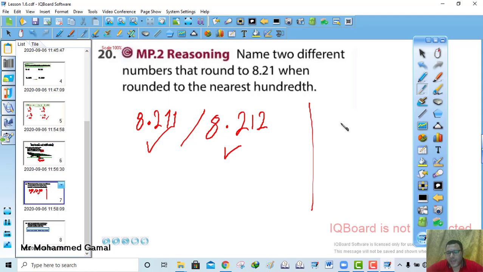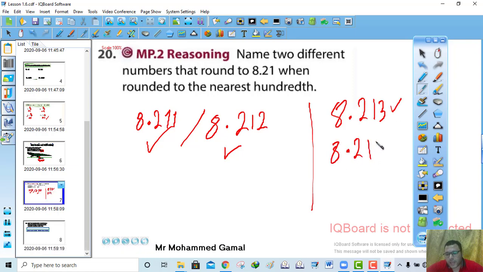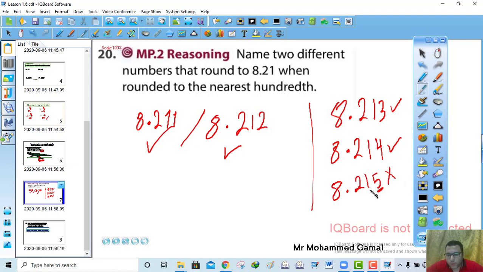But we can add 8.213, it's also correct. 8.2014 is also correct. But if you said 8.215, it's wrong. Why? Because this 5 will make the 1 round to make it 8 and 22 hundredths. So this one is wrong.